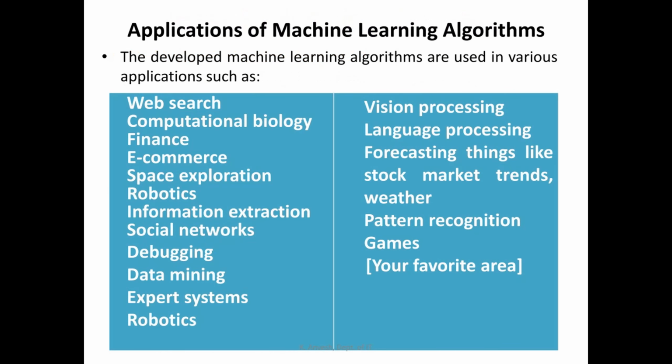Applications of machine learning algorithms. The developed machine learning algorithms are used in various applications such as web search, computational biology, finance, e-commerce, space exploration, robotics, information extraction, social networks, debugging, data mining, expert systems, vision processing, language processing, forecasting, things like stock market trends, weather pattern recognition, games.